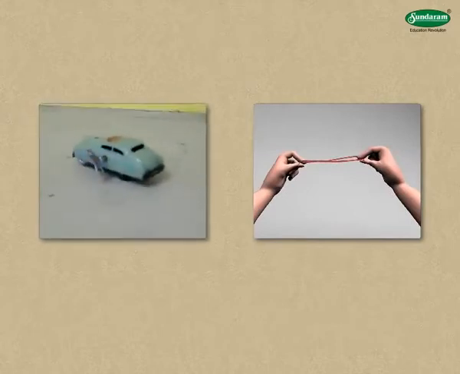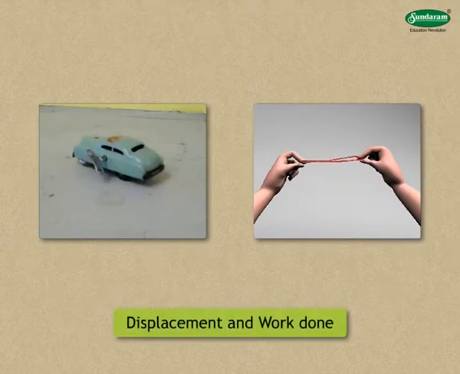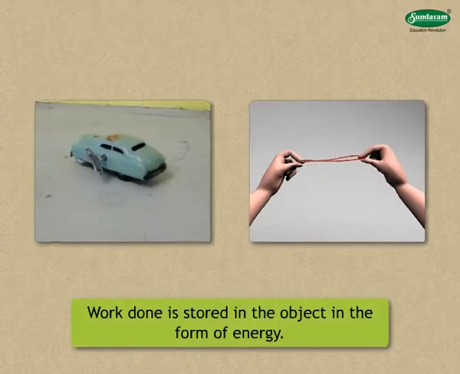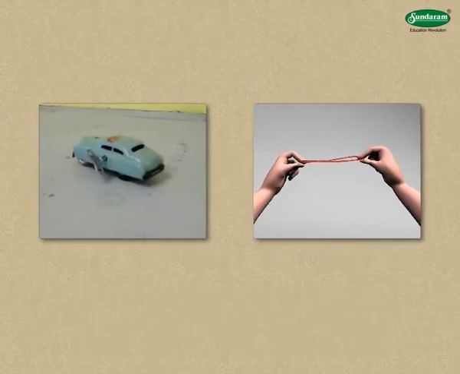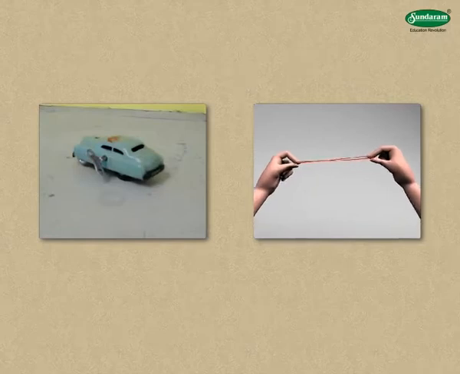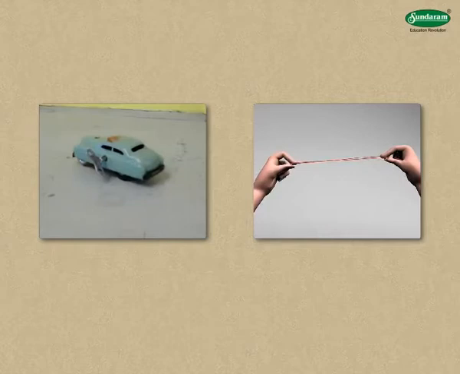That is why there was displacement and work was done. This work done is stored in the object in the form of energy. Thus, energy was stored in the rubber in its extended condition and in the clockwork in its wound-up condition.